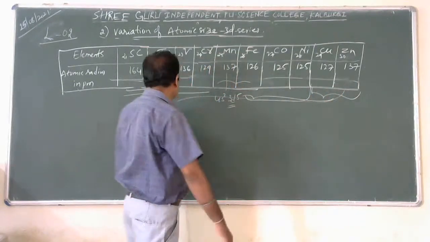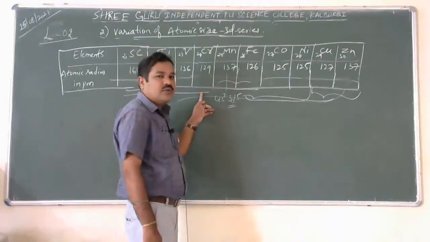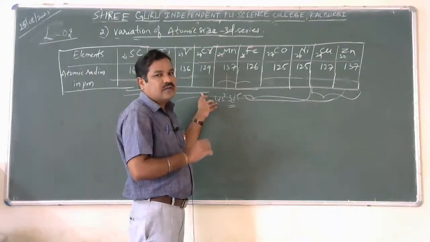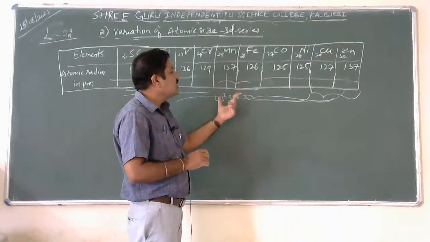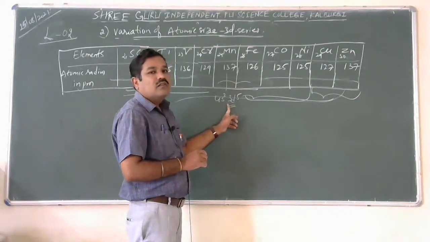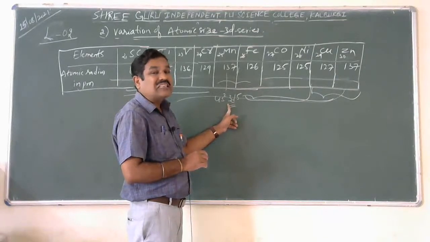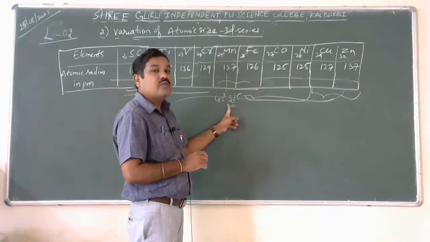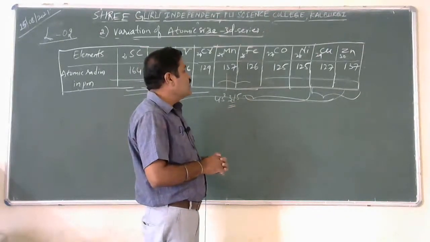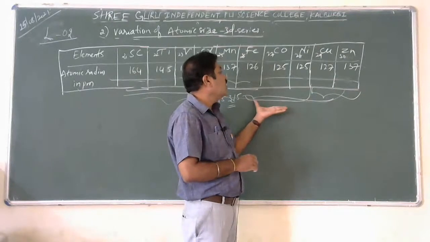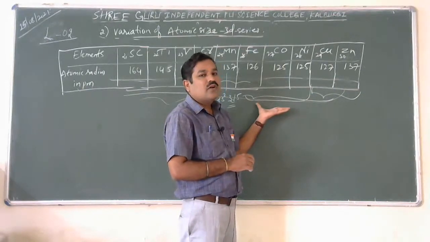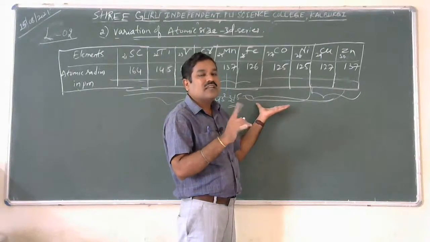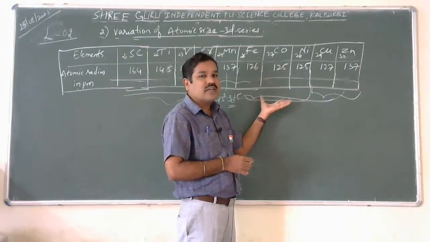So there are three observations. First, it decreases from scandium to chromium, due to domination of effective nuclear charge over the number of unpaired electrons. Manganese and iron increase due to imperfect shielding of d electrons, and also they are not delocalized in covalent bond formation. From iron to nickel, it remains constant, because effective nuclear charge and the number of unpaired electrons balance and compensate each other, hence atomic radius remains constant.